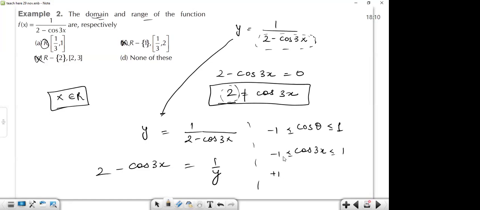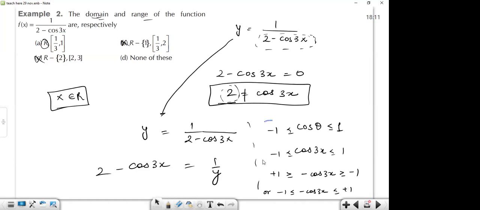The inequality sign will be changed because of multiplication by a negative term. So we can write it as -1 is less than or equal to minus cos 3x, which is less than or equal to +1. Clear? Any doubt?